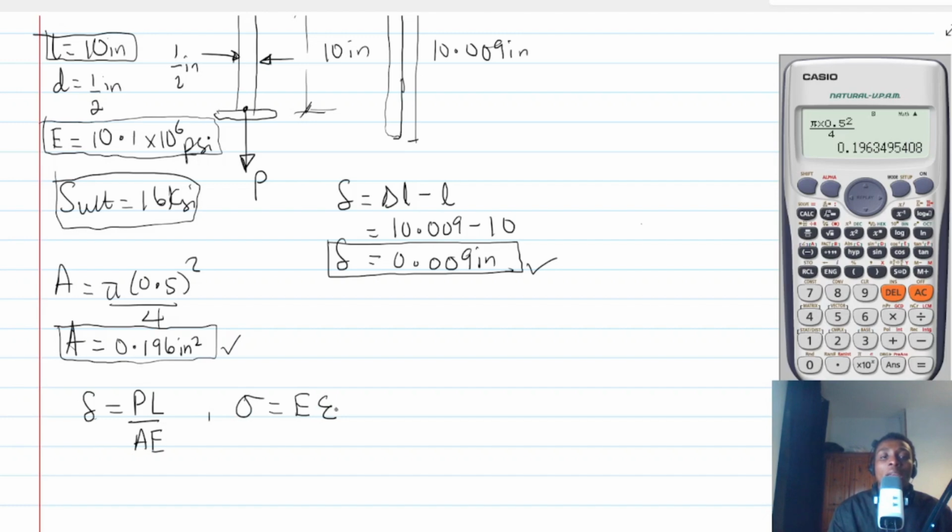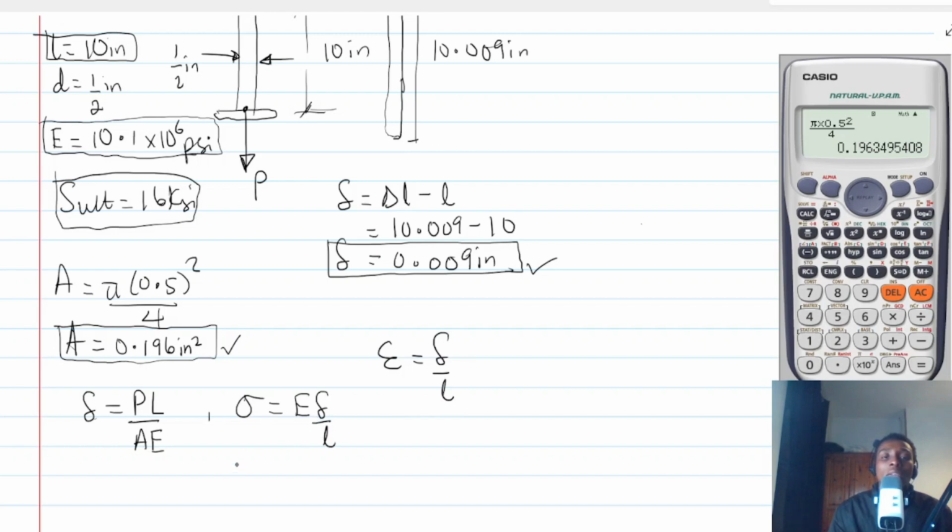Okay, we can also say that this is equal to this. Sorry, the elongation divided by the original length is the strain. So we can replace this by this.